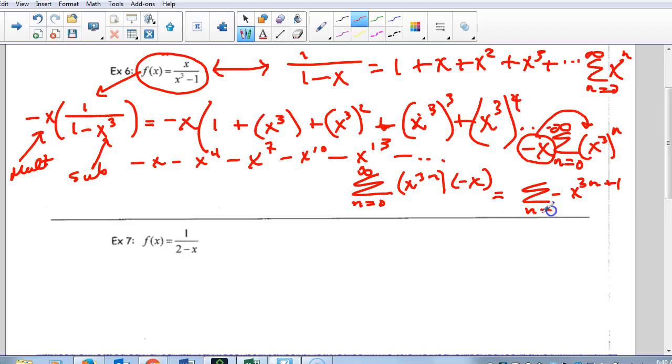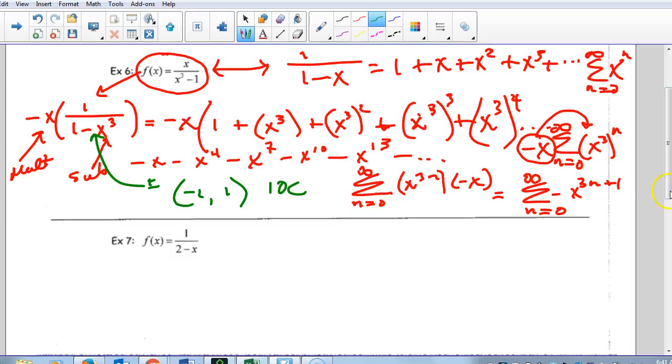I'm multiplying the x's, so the exponents add. Bam. Done. And notice that I've still got a coefficient of 1. So because it's plus or minus 1, I'm just going to say the interval of convergence is negative 1 to 1, and the radius, of course, is 1.